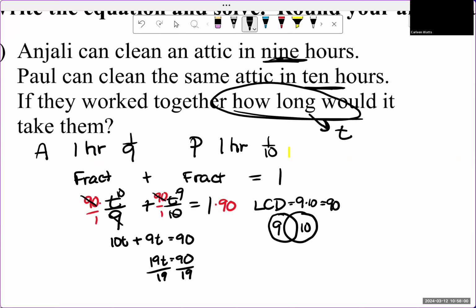I'm expecting the answer somewhere in between 5 and 4.5. Does that make sense? Did I just make it confusing? 2 Anjalis would take half the time, so it'd be 4.5. 2 Pauls would take half the time, so it'd be 5.